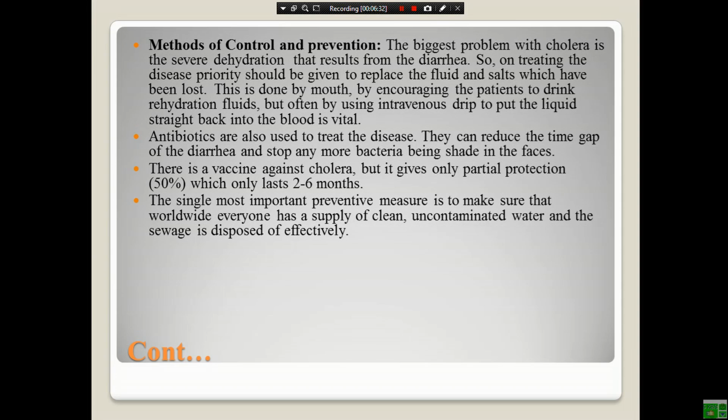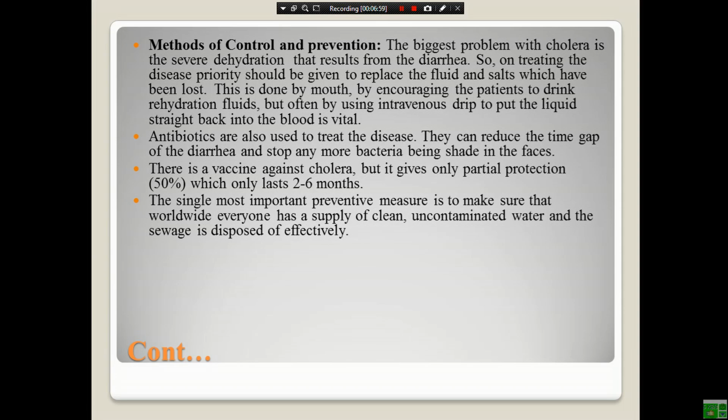This is done by mouth, by encouraging the patient to drink rehydration fluid, but often by using an intravenous drip. To put the liquid straight back into the blood is vital. Antibiotics are also used to treat the disease. They can reduce the duration of the diarrhea and stop any more bacteria being shed in the feces.